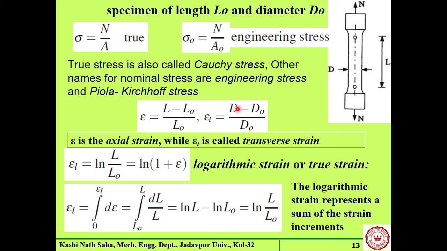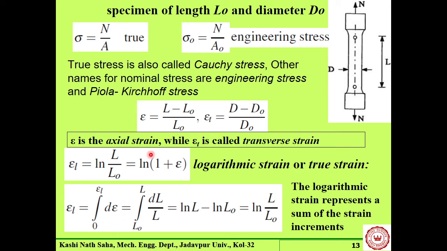But now let us take this true strain, which is the natural logarithm of L by L0, that we have seen. So integrating dL by L from L0 to L, this is 1 by L, so it becomes ln of L by L0.